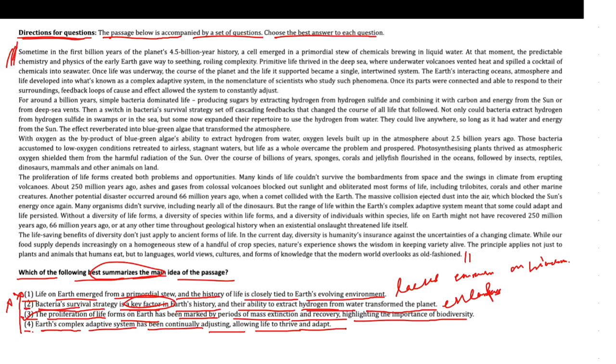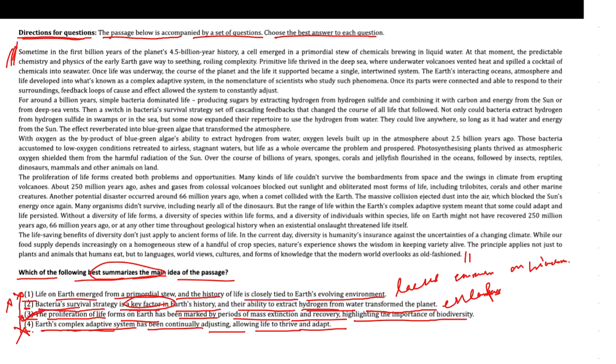So it is not as comprehensive as option three, isn't it? It is stated in a very irrelevant manner. So hence option four is not as appropriate as option three.